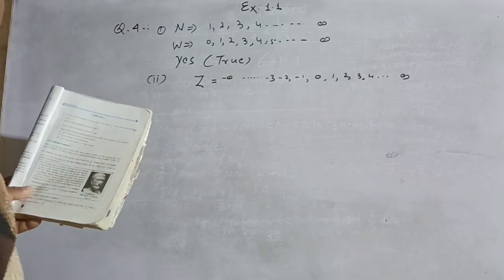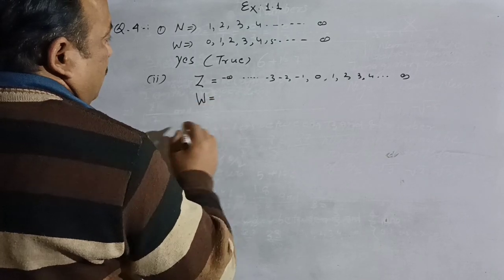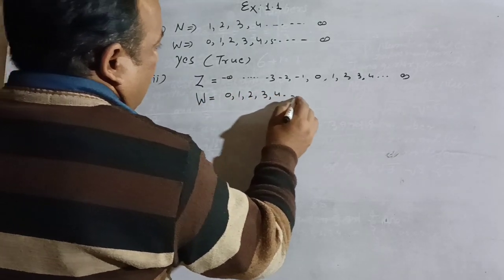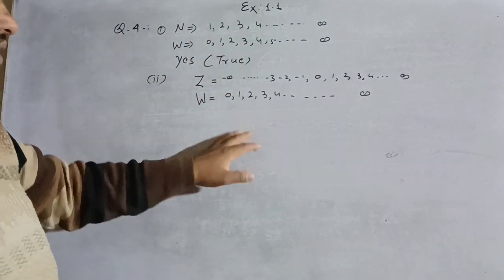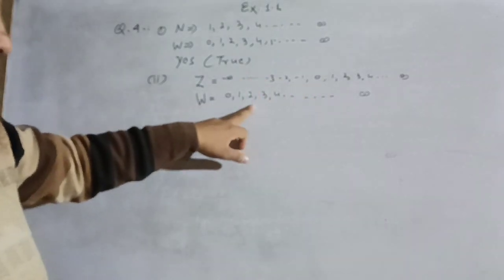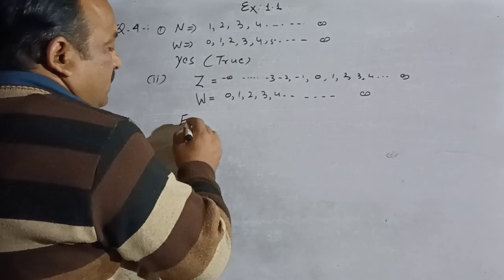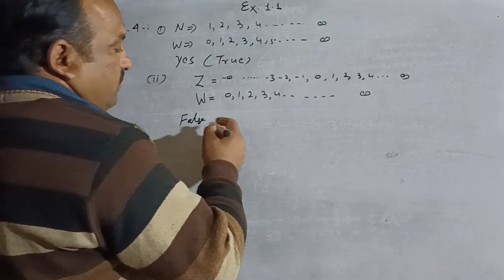We represent whole numbers by W: 0, 1, 2, 3, 4 and so on to infinity. Whole numbers are in the integers, but not all integers are in the whole numbers. Therefore, this statement is false.